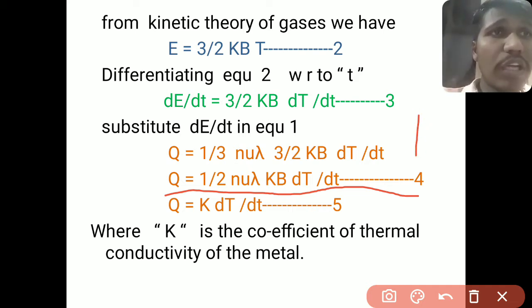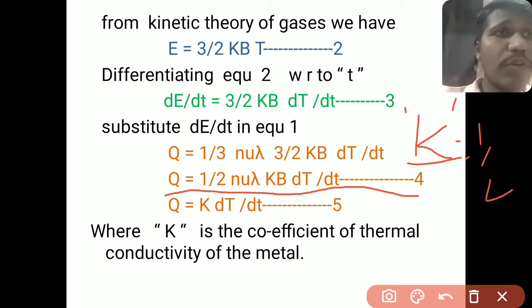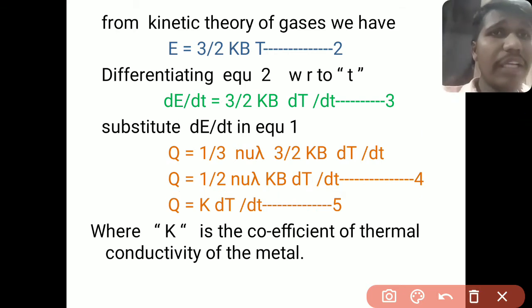the coefficient of thermal conductivity K is defined as follows. This is the constant, the coefficient of thermal conductivity of the metal. So K is equal to 1/2 nu lambda kB.